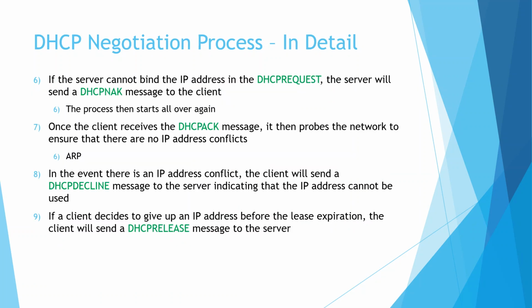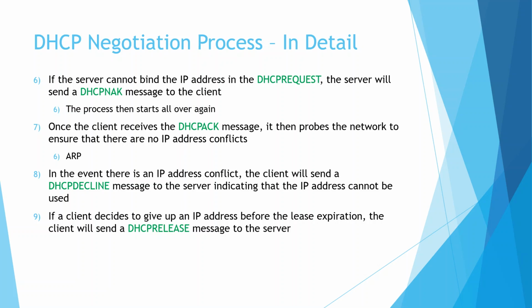If the server can't bind to the IP address in the DHCP request, for instance, somebody else took it, or an administrator said, nope, that's not part of the lease pool anymore, or for whatever reason it's not available anymore, the server is going to send a DHCP NAK to the client.